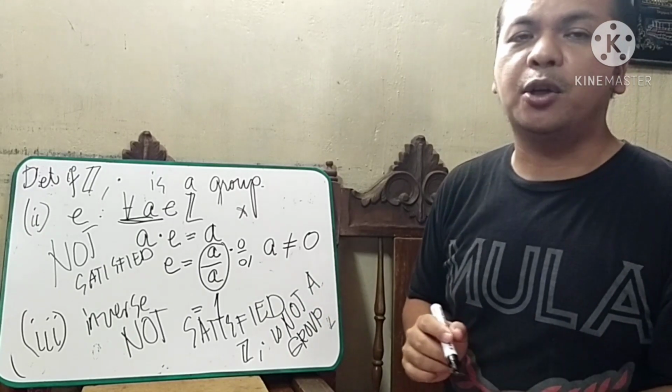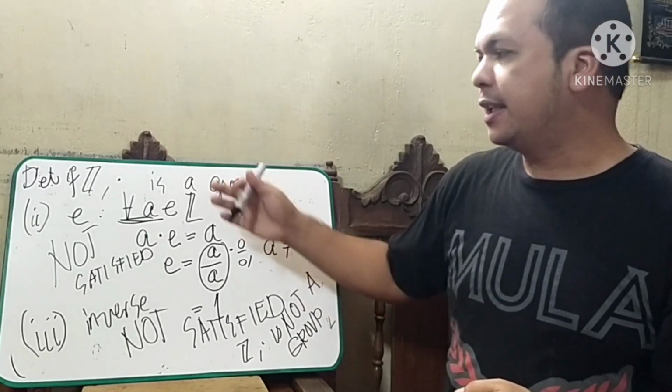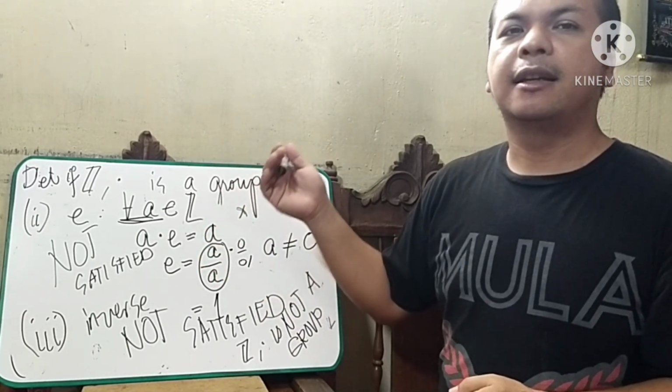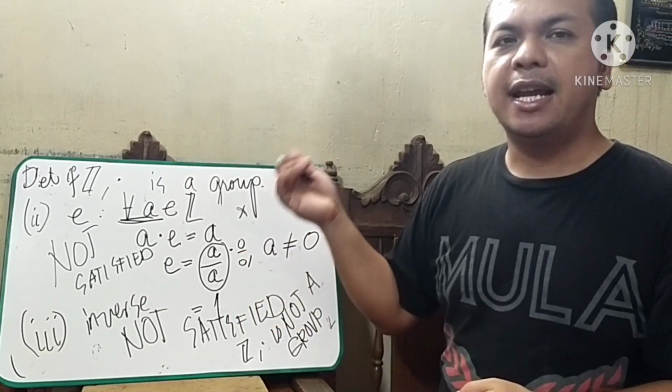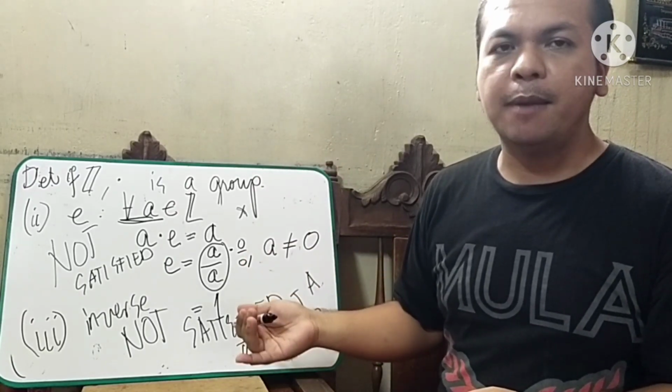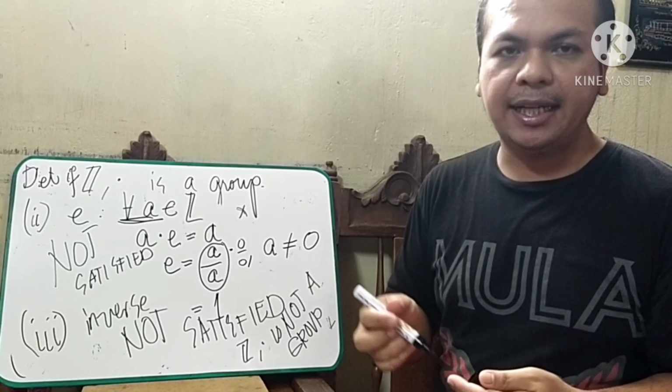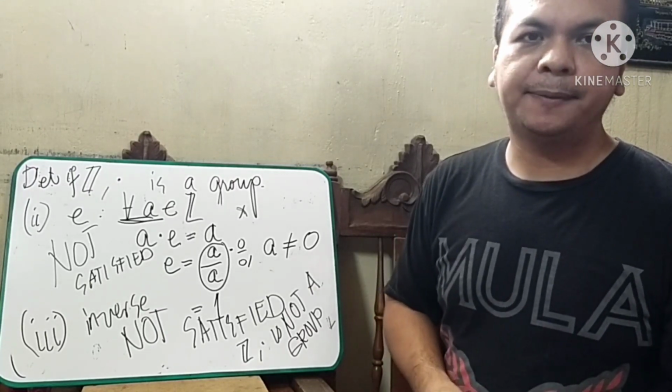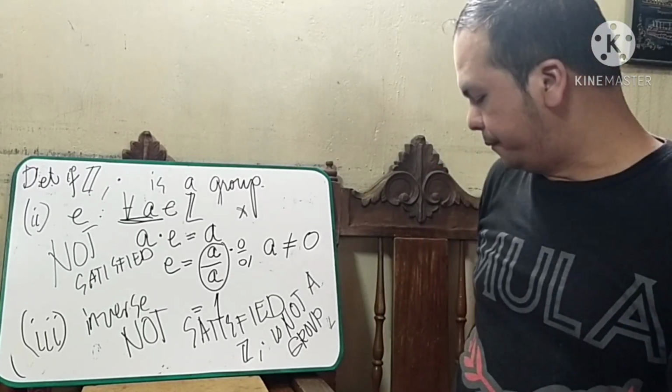Kasi for it to be a group, it must satisfy the three properties: associative property, existence of an identity element, and existence of an inverse element. Okay?